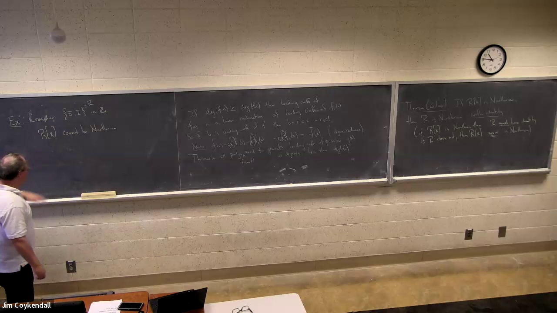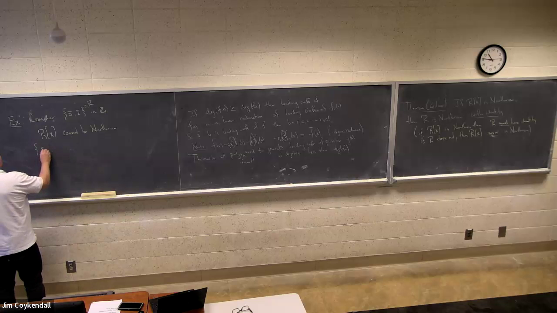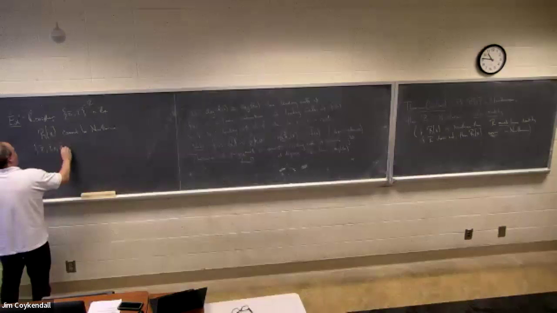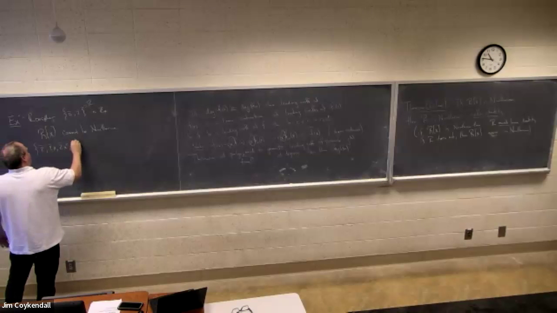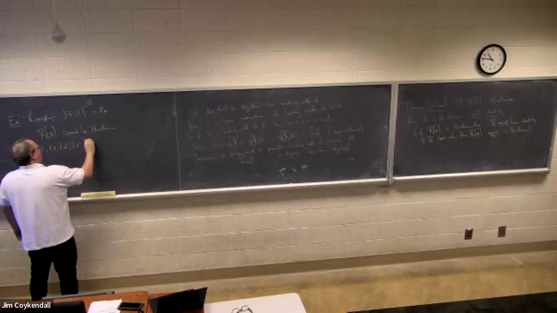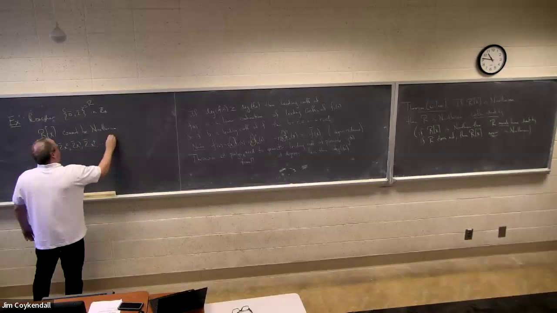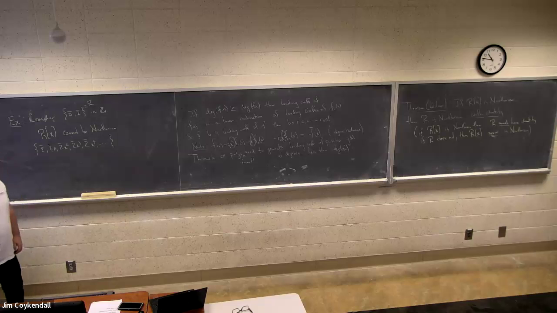Generated by 2x, 2x squared, 2x cubed, and so on. That ideal is not finitely generated. That's enough to kind of anger up the blood a little bit, isn't it? But in this ring, there is no X, right? Because everything is a linear combination of elements in R times powers of X. There is no 1, so there is no X.